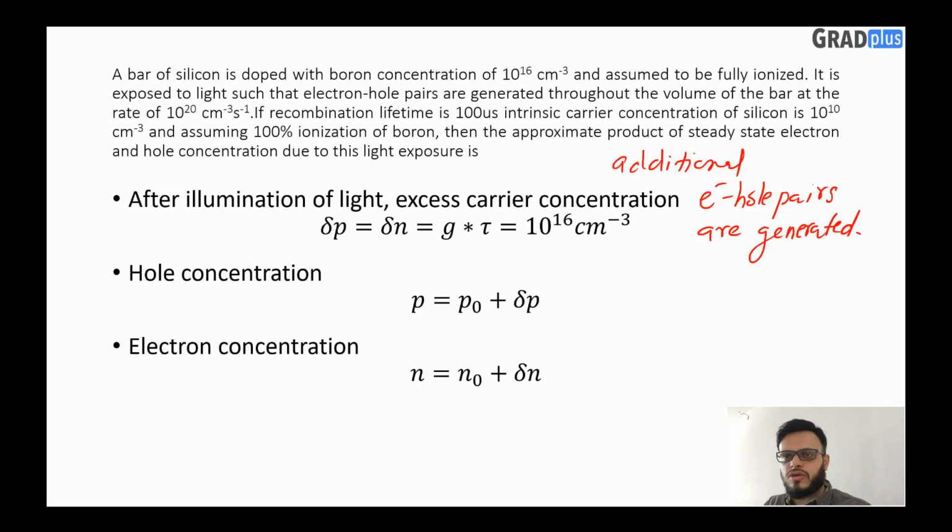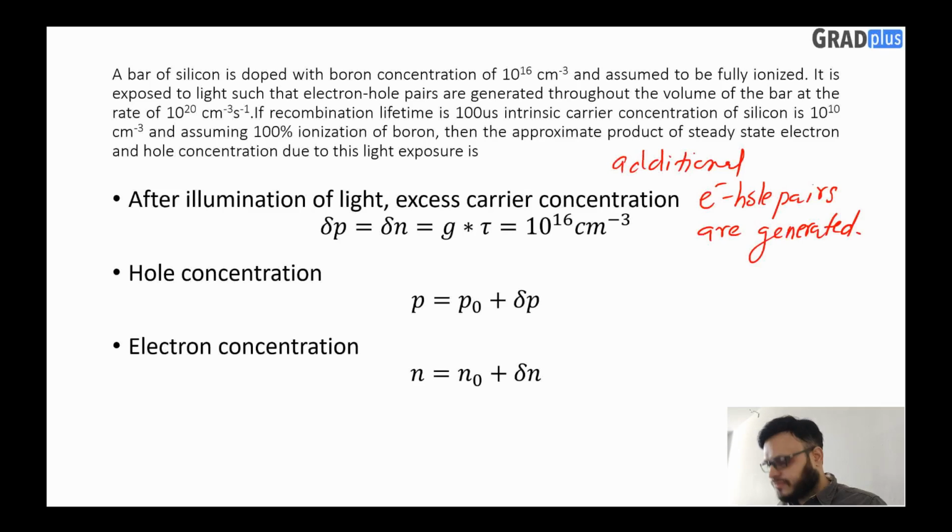What we have talked about in the generation rate, those electron hole pairs will be extra due to illumination. We already have our older values, that is N naught and P naught, the earlier concentration at equilibrium before exposure to light. So whatever electron hole pairs are getting generated will be added to the earlier value, and we get the final value.